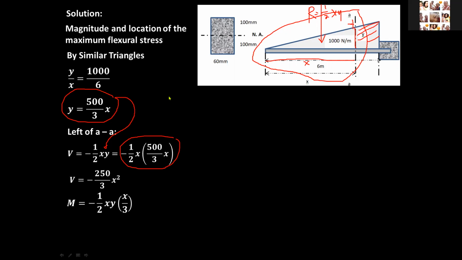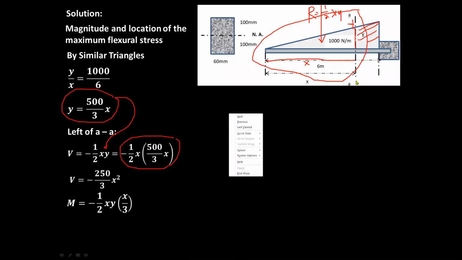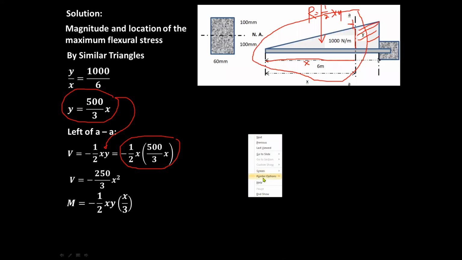After calculating for the shear, we can now calculate for the moment. Bakit x over 3? Bakit x over 3? Ito yung cutting section natin, ano? Okay, let me explain it to you. Since this is our cutting section, ito yung point natin, dito tayo magmo-moment.